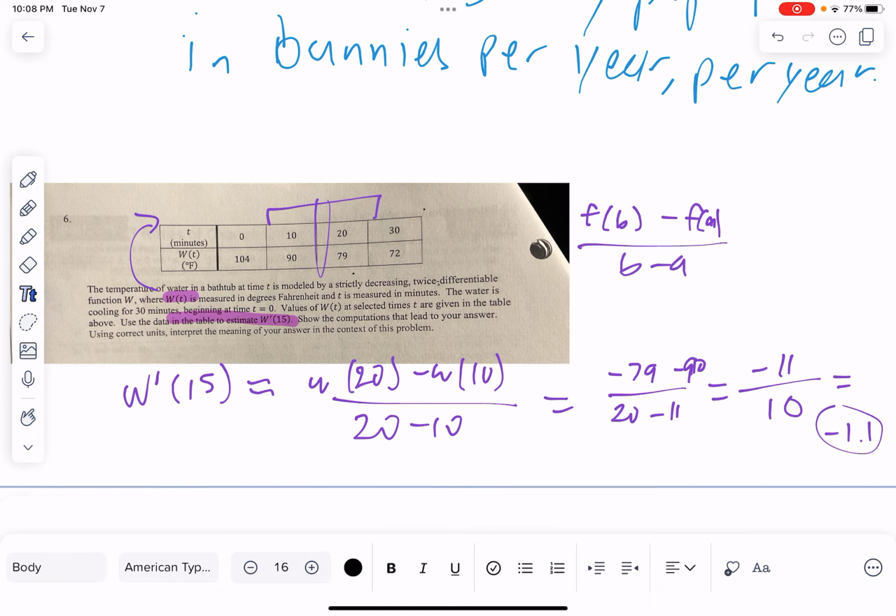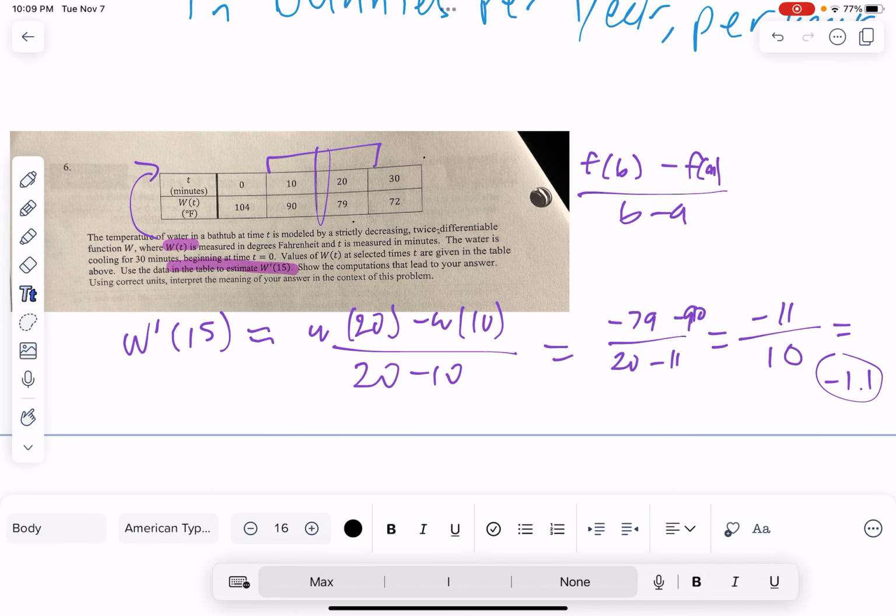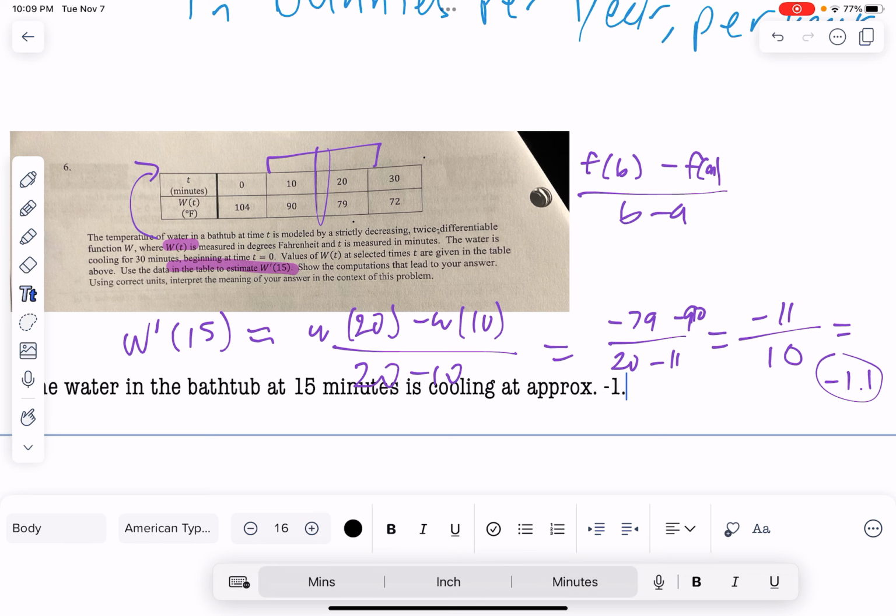I'm going to type this up at the bottom because I'm tired of writing. This is saying the water in the bathtub at 15 minutes, and because it's negative, we understand it would be cooling because W(t) is in Fahrenheit, is cooling at approximately negative 1.1.